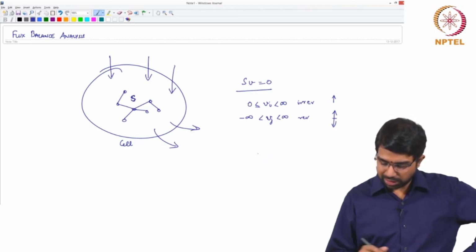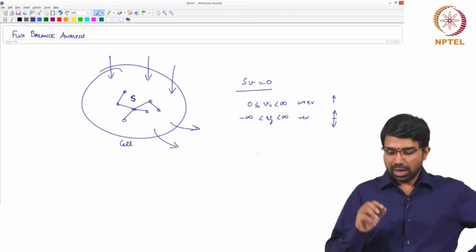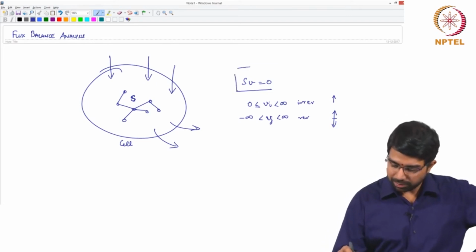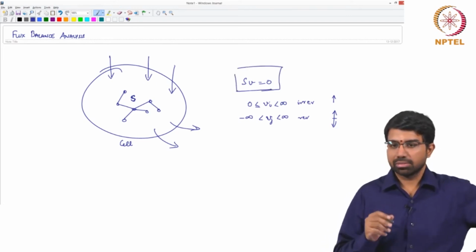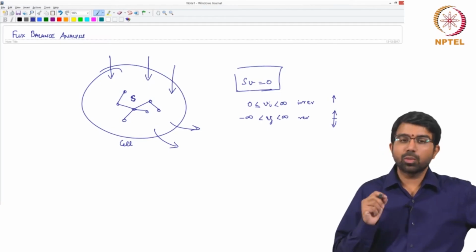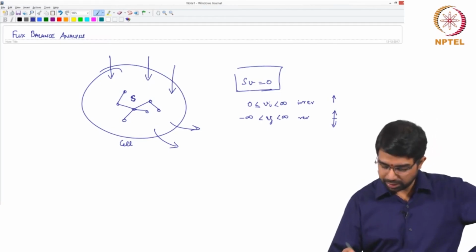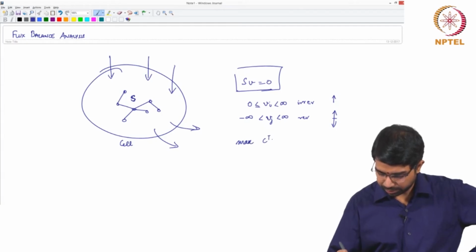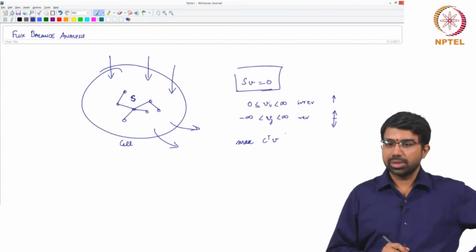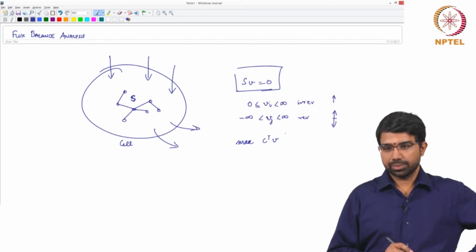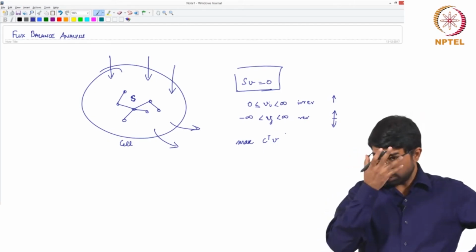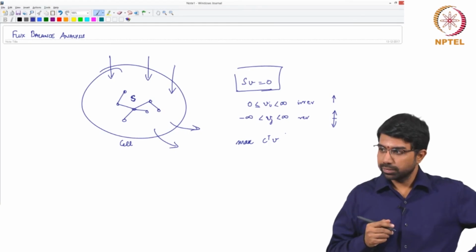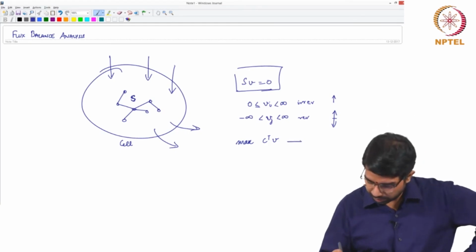So, this is what we have so far, and we said we cannot solve this system unambiguously, right, one unique solution. So, to pick one solution, we said let us now impose this objective function: maximize C transpose V. What does this give you? It gives you two things.